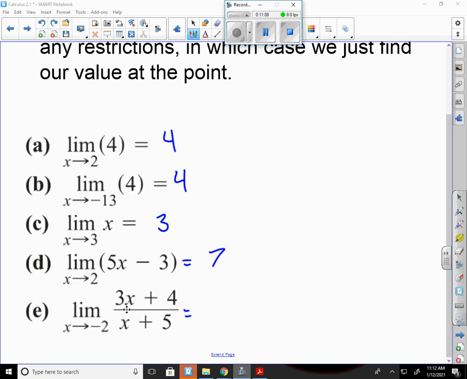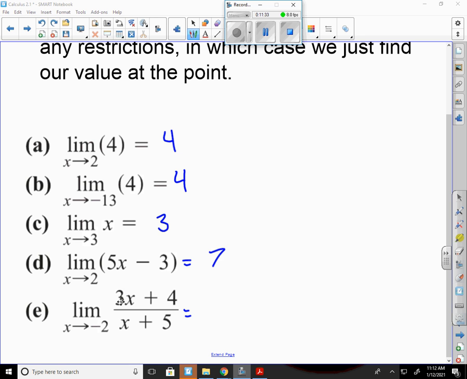And the last one is the limit as x approaches negative 2 of 3x plus 4 over x plus 5. Now because I have an x in the denominator, there is going to be a point where this isn't going to work out, and that would be when it would give us 0 in the denominator. So it would be negative 5 plus 5 equals 0. But this is the limit as x approaches negative 2.